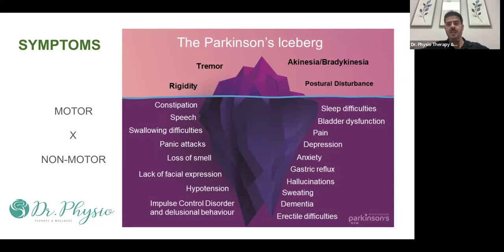However, the structure underneath is way thicker, stronger, much more in depth. So the motor symptoms are the ones that are more visible, so we are able to catch them with our eyes. And then we cannot forget, there are some non-motor symptoms, those that are not that visible, but perhaps they're already happening.